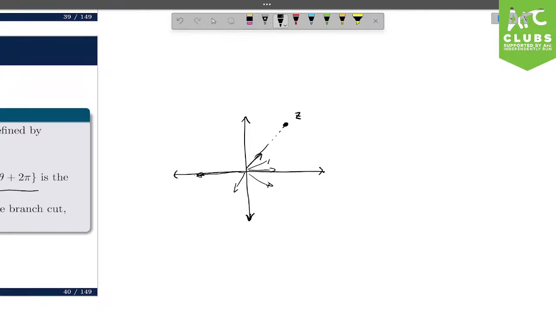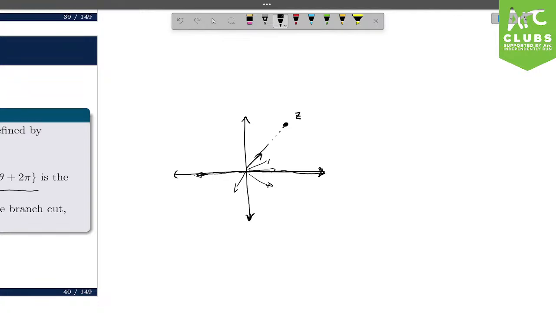And whatever angle you had to rotate to reach that point is the argument of z, right? But what's totally arbitrary is where you start counting that angle, right? So you could start here, with the angle 0 in your head, right?